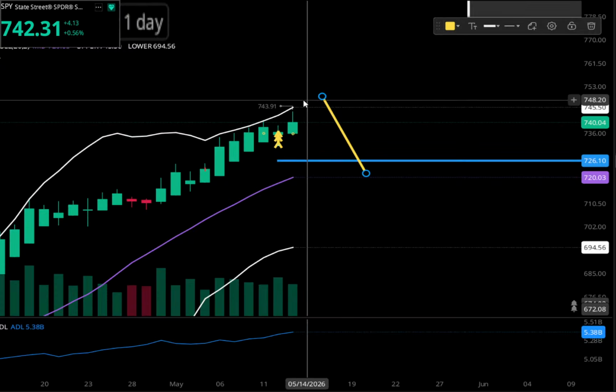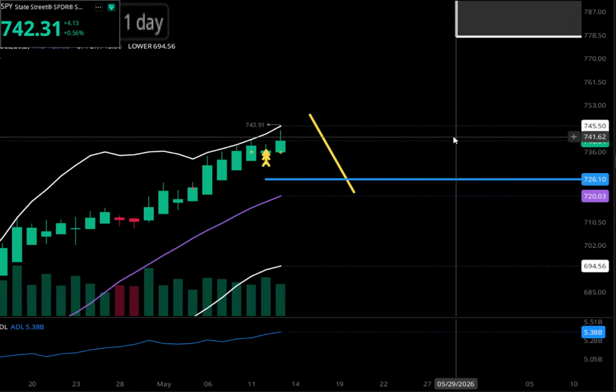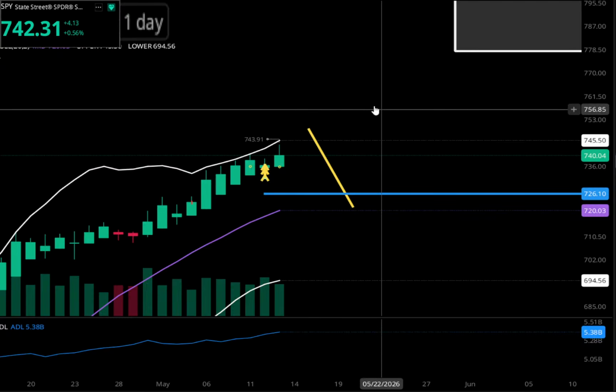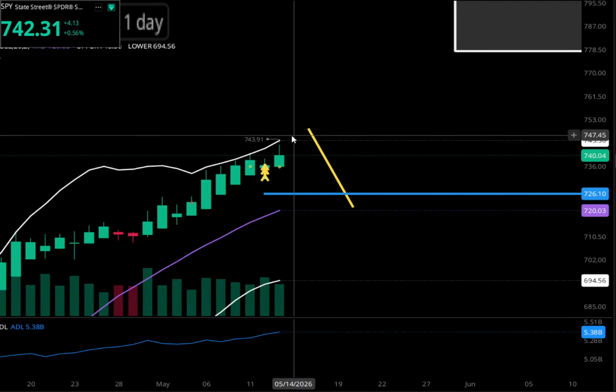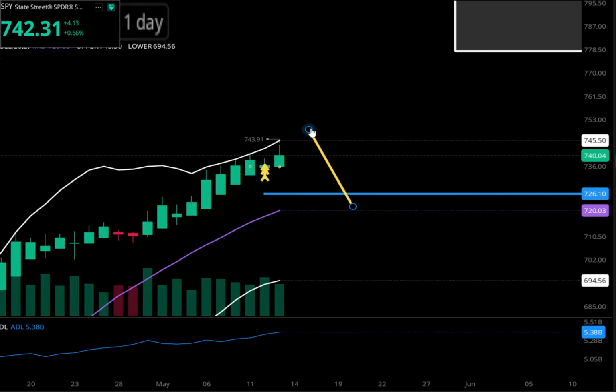If we're going to be seeing the upper Bollinger tomorrow, which based on all the bullish structure looks super, super likely, the upper Bollinger currently is at 745.50, and we're just going to use that level. We're not going to assume that it's going to be going up tomorrow, even though it will be. We're just going to use this 745 level as a base.